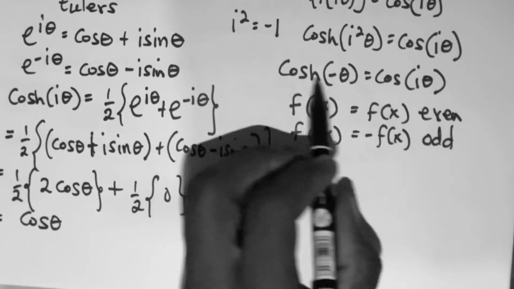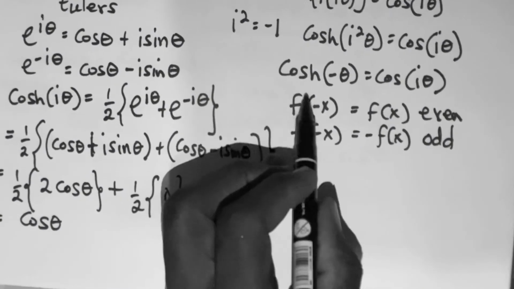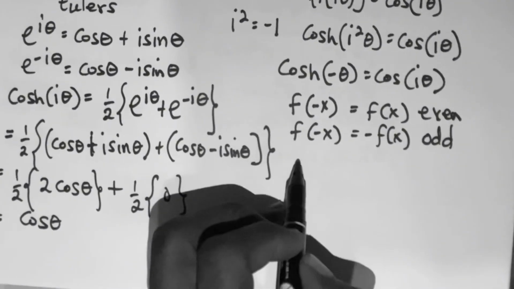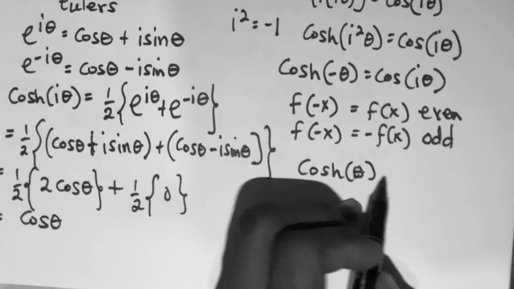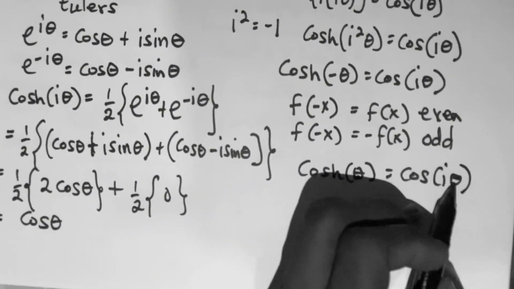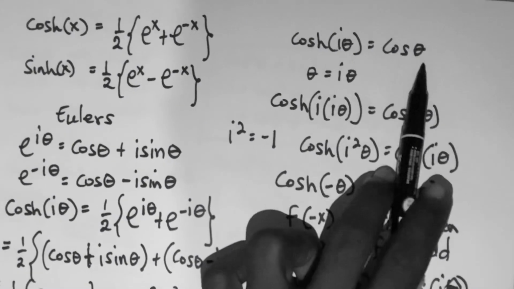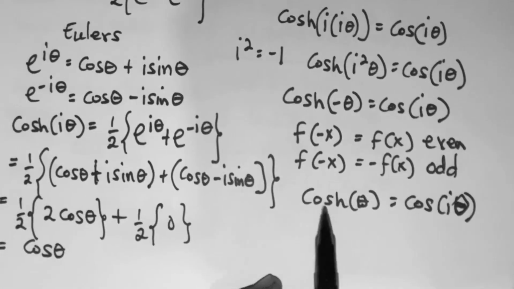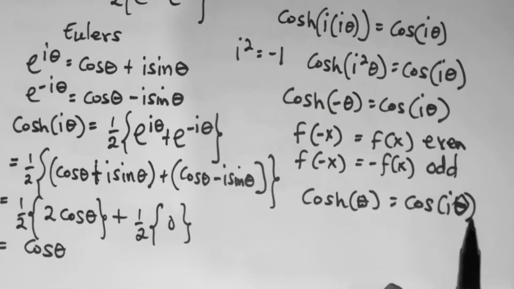So because the hyperbolic cos function is an even function, then cos minus theta can be written as cos theta, and that is equal to cos i theta. So now we were able to show that cosh i theta is equal to cos theta, and we have also been able to show that cosh theta is equal to cos i theta.